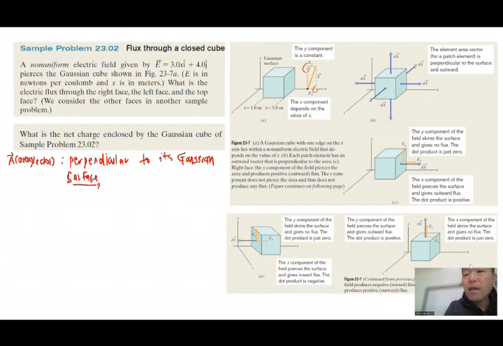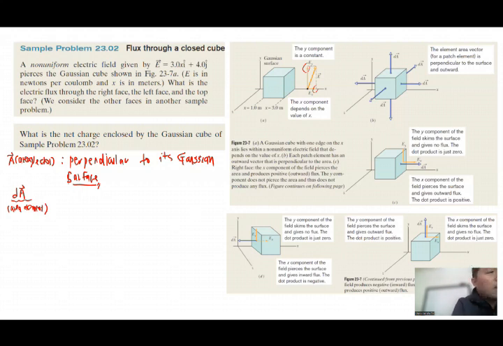If you look at a small area segment on the face, that area segment could be defined by dA, the area element, which is a small fraction of this face of the Gaussian surface.